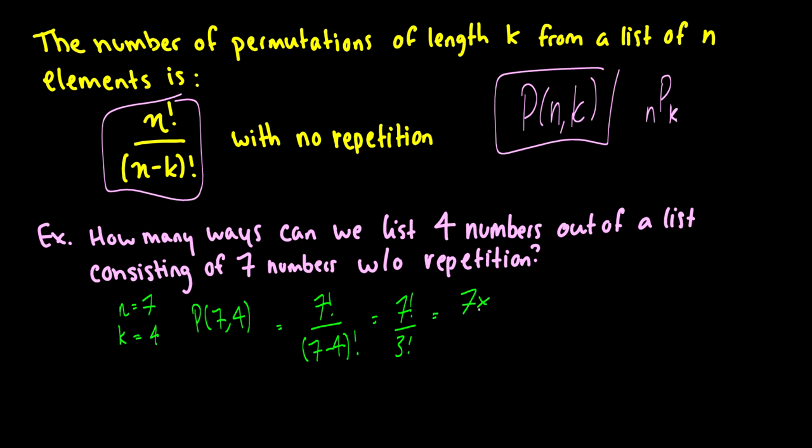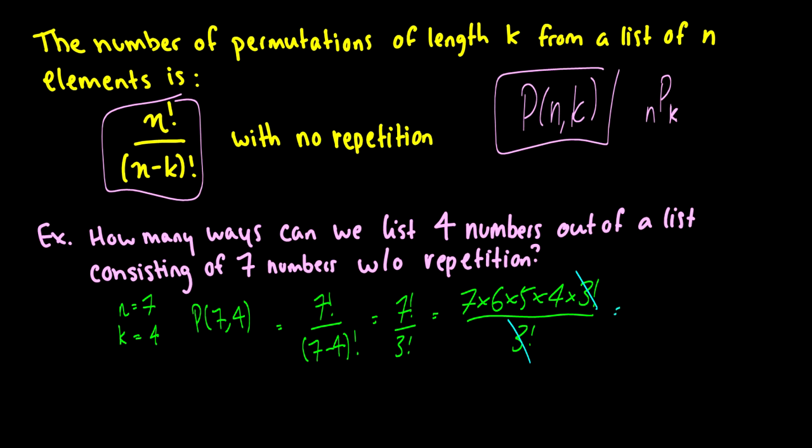Now we're going to do a trick here. We're going to multiply these numbers out until we reach the factorial on the bottom. So we see a 3 factorial on the bottom, so we're going to go 7 times 6 times 5 times 4 times 3 factorial.